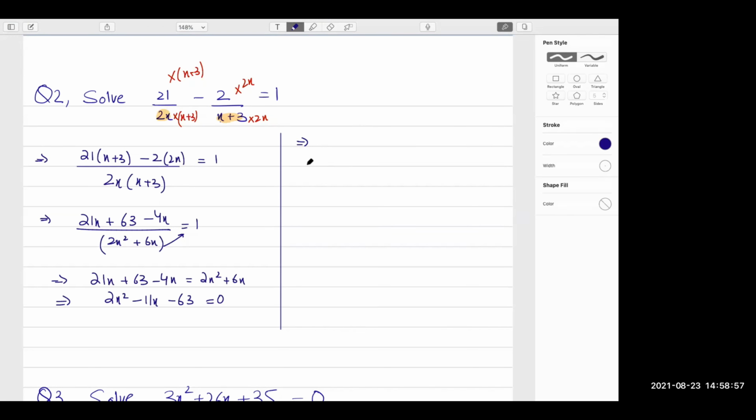What answer are you getting for this? Okay, if you were on the right track, you are going to get this middle term.